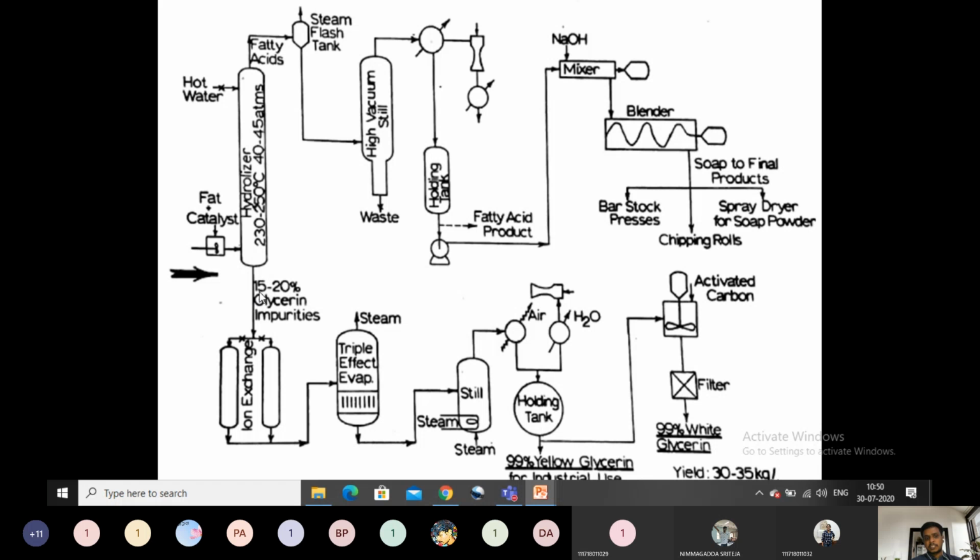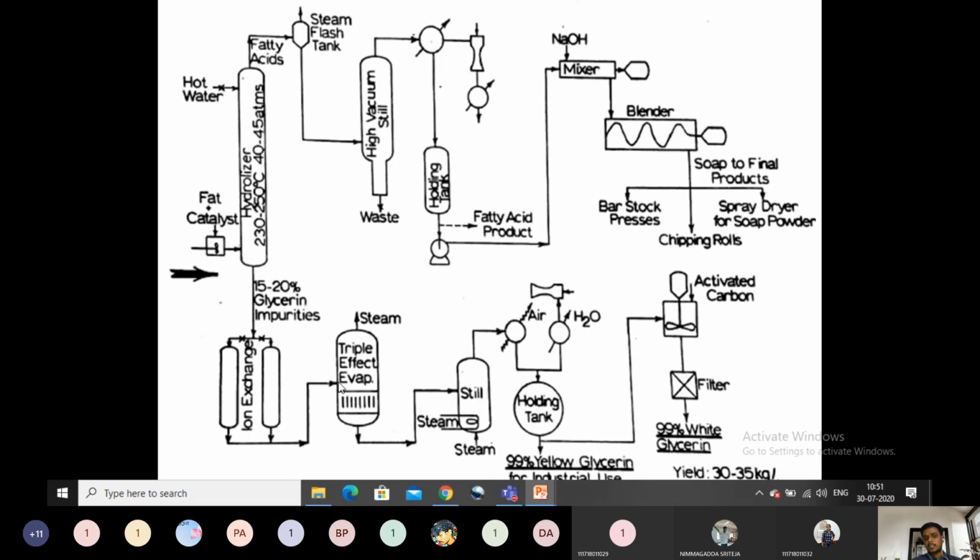Then this sweet water will be stripped of its metal salts and coloring compounds by passing it through successive anion and cation exchange resins, known as ion exchangers. Whatever coloring components and metal salts are there will be stripped off from the sweet water using the ion exchangers.